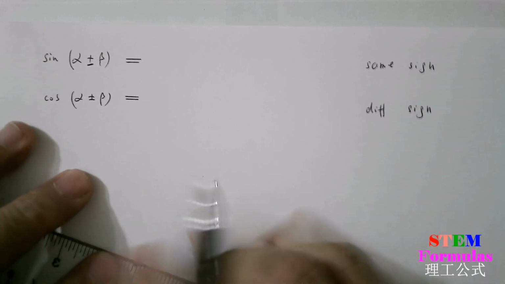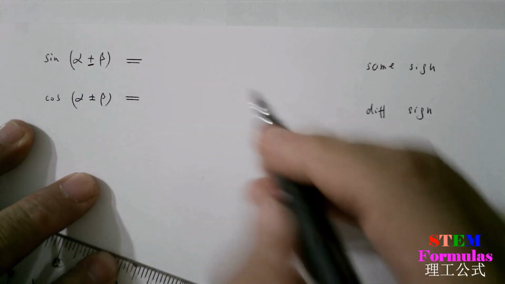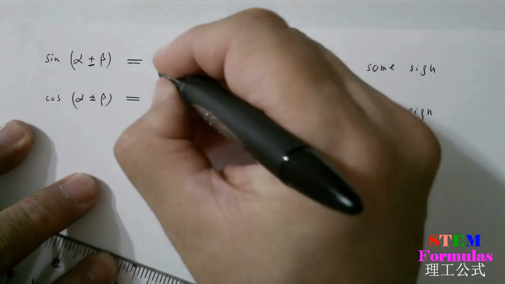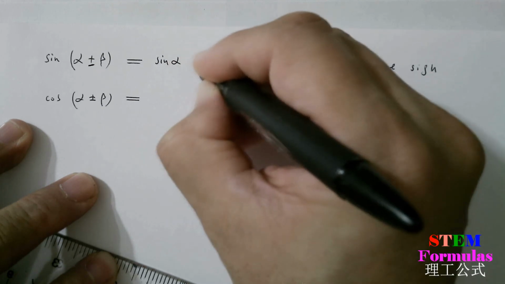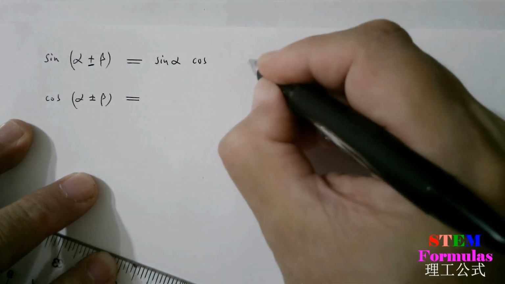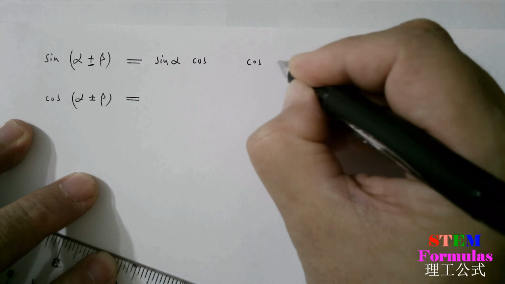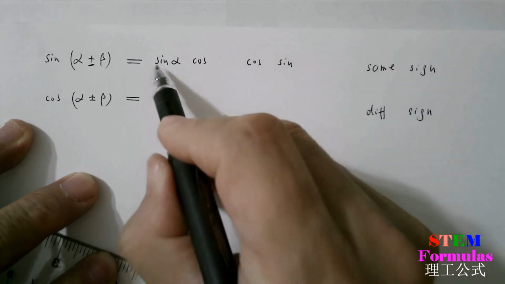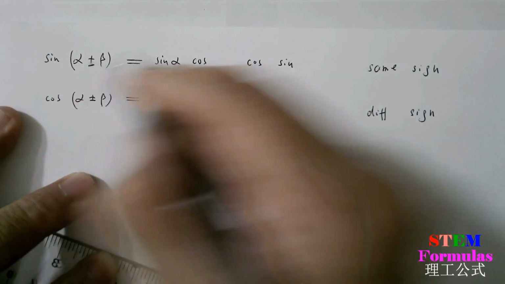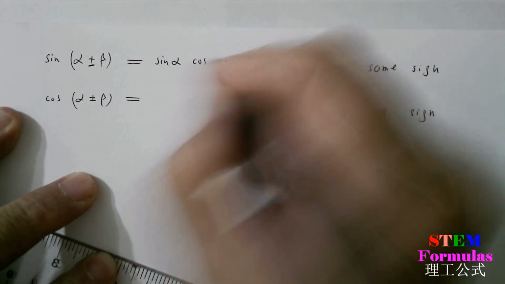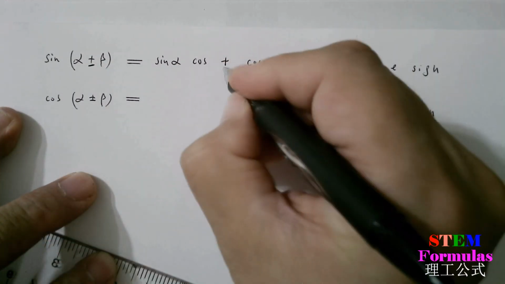What does that mean? Sine, same sign. If this is plus, I get plus. If this is minus, I use minus.